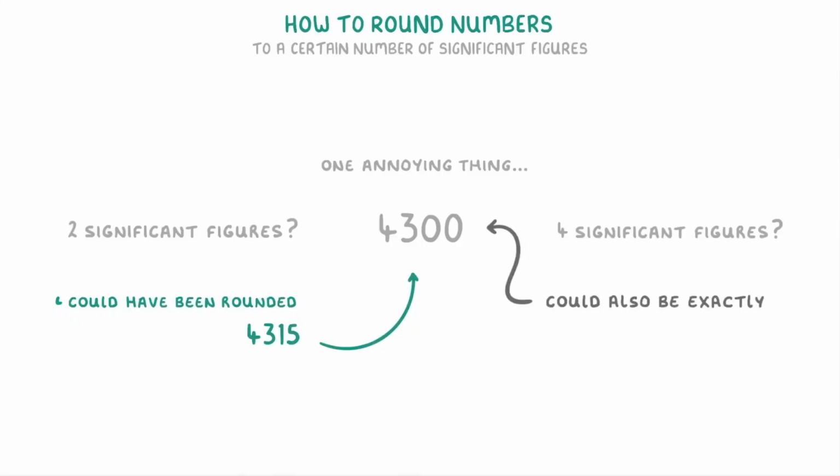But it could also be exactly 4300 and not have been rounded at all, in which case the 2 zeros would count as significant figures as well. There isn't really any way of knowing which one it is, and it shouldn't really matter in your exams, but it is worth you being aware of.